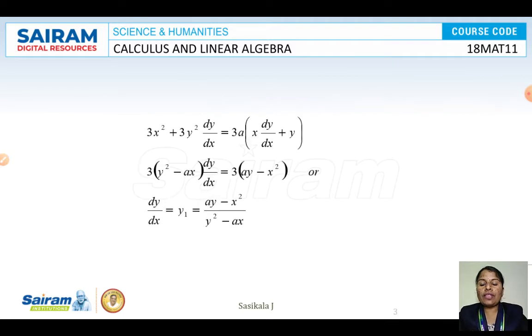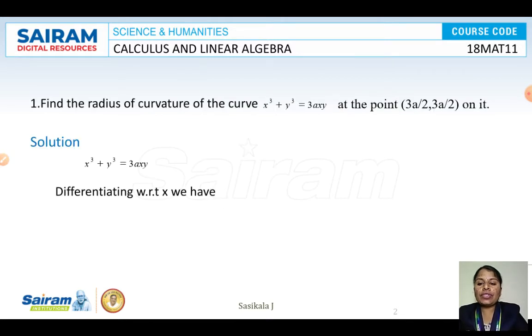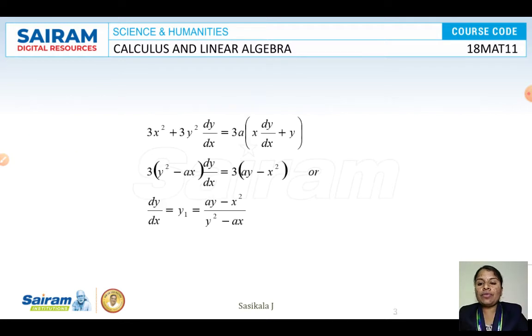Now the first thing is differentiation with respect to x of this equation. What will happen? x cube will be 3x squared, plus y cube will be 3y squared, but we should also multiply by dy by dx because y is not the independent variable. That is y1, nothing but dy by dx.